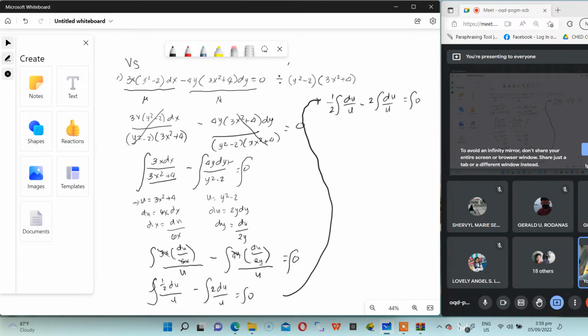In this case, the reason why we have the u and du is for us to come up with this identity. What is this identity? The integral of du over u is equivalent to what? Recall your integral. What is the integral of du over u? Anyone, guys?